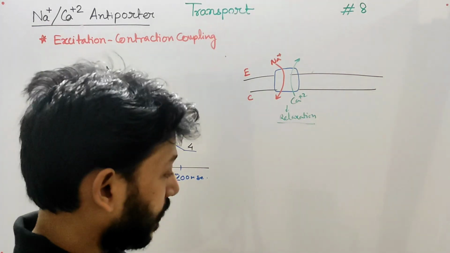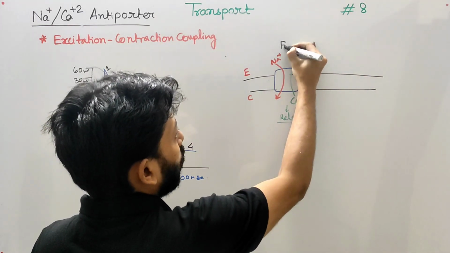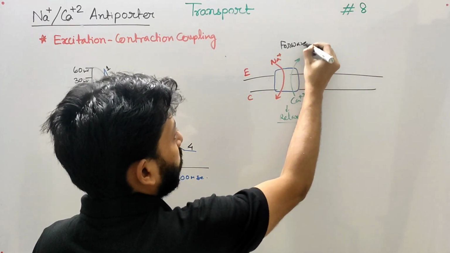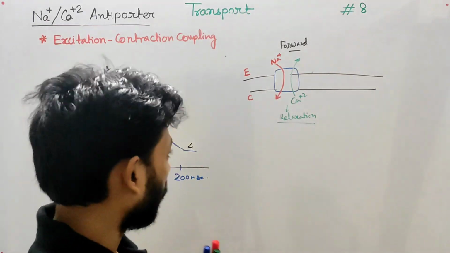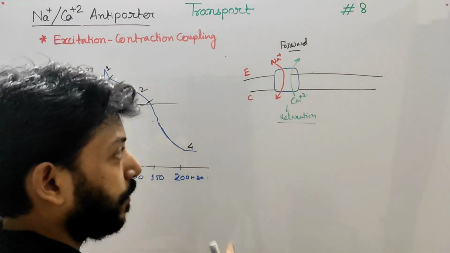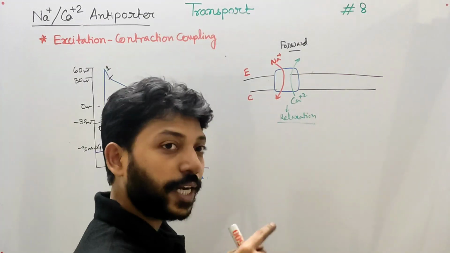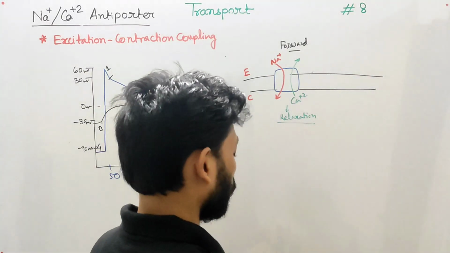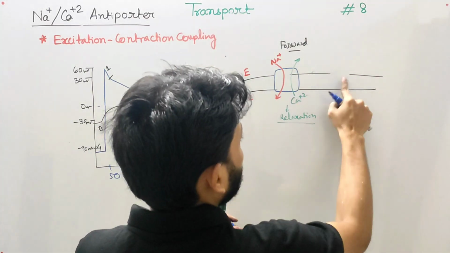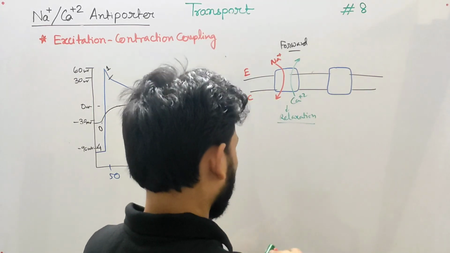This is the forward mode of the antiporter. But during this action potential, this blue line is the action potential of the cardiac myocytes, sometimes this antiporter works in reverse mode also. What is reverse mode? The opposite will occur.